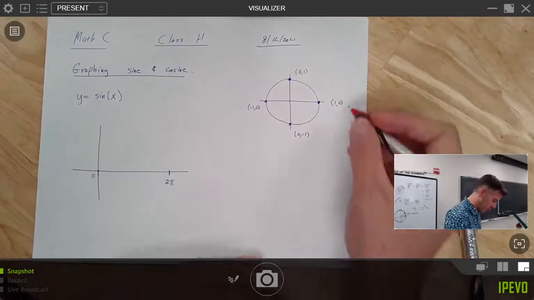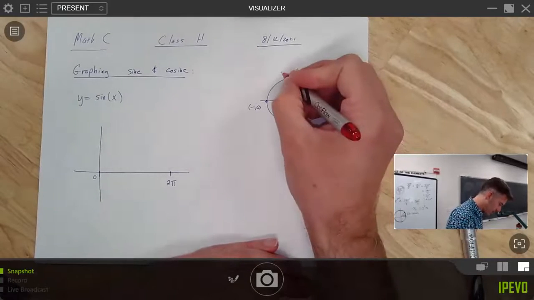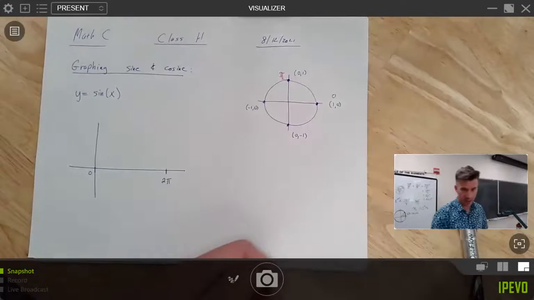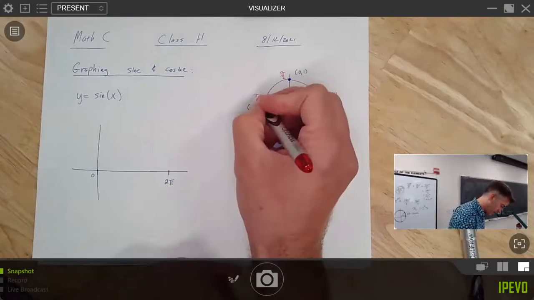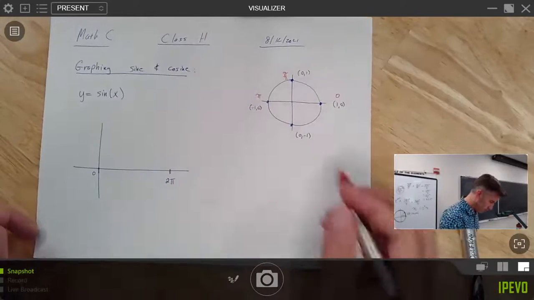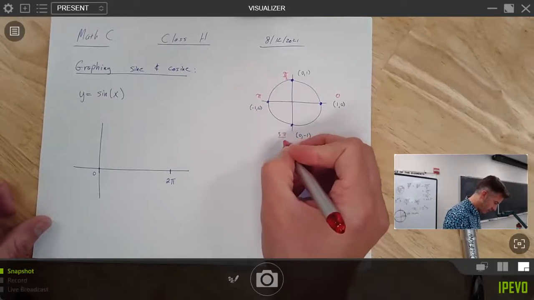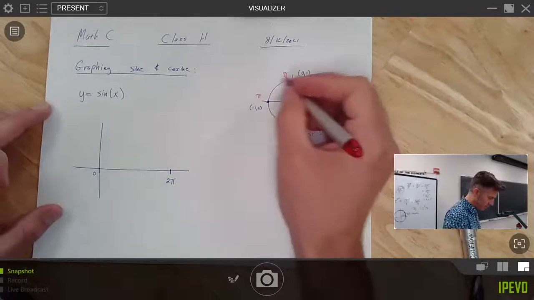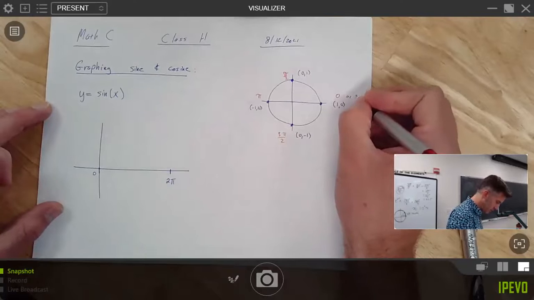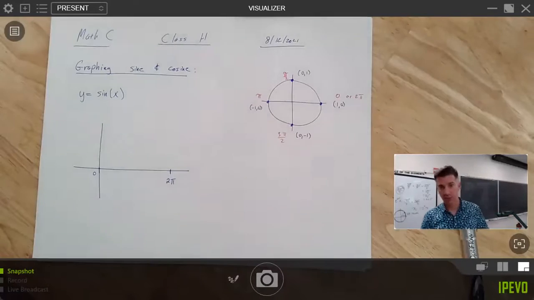And the angles are 0 radians, pi over 2 radians, or 90 degrees, pi radians, or 180 degrees, 3 pi over 2 radians, or 270 degrees, and 1 full revolution is 2 pi radians, or 360 degrees.